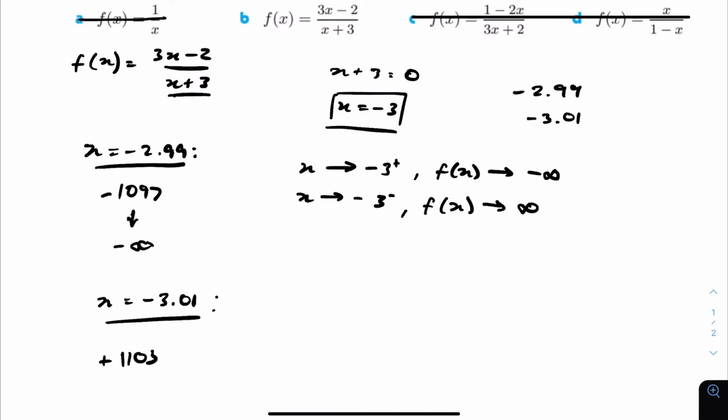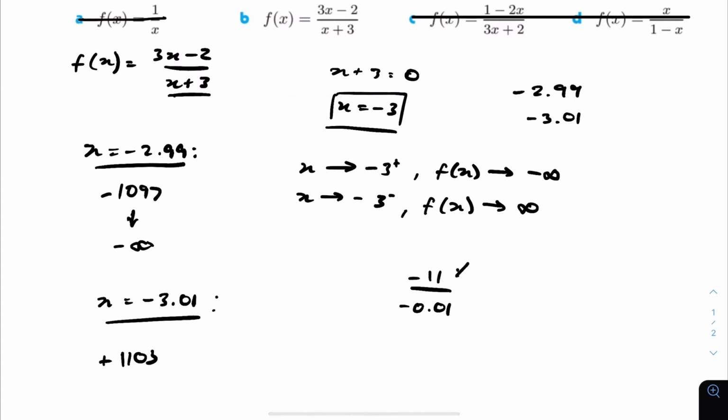Another way to think about this is to substitute each of these values into the numerator and denominator manually. If you substitute negative 3.01 into the numerator, it's similar to negative 3, which gives you negative 9 minus 2, which is negative 11. In the denominator, you cannot substitute negative 3, as that will give you 0, so we substitute the real value, negative 3.01 plus 3, which gives you about negative 0.01.